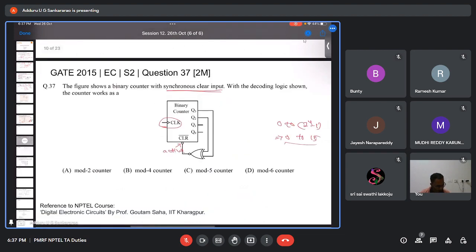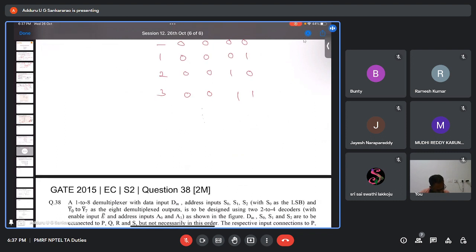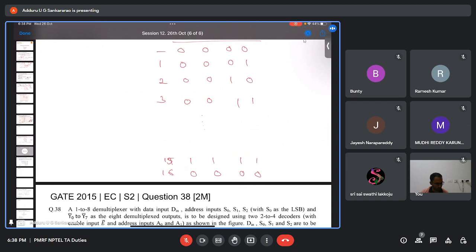It can go up like this, up to the 14th clock pulse. With the 15th clock pulse, it can go to 1 1 1 1. When you apply the 16th clock pulse, it will become 0 0 0 0.